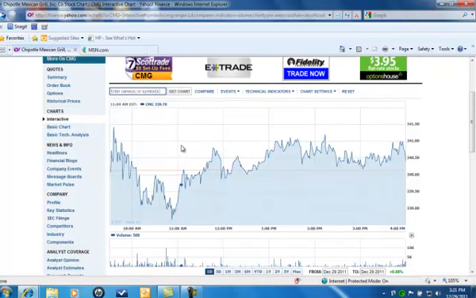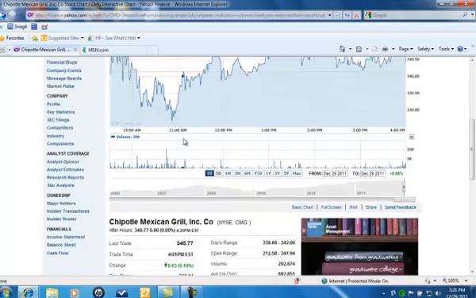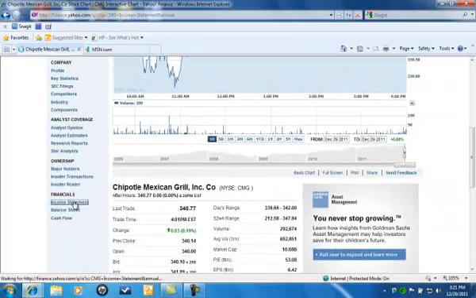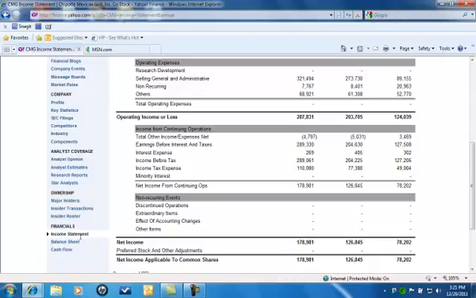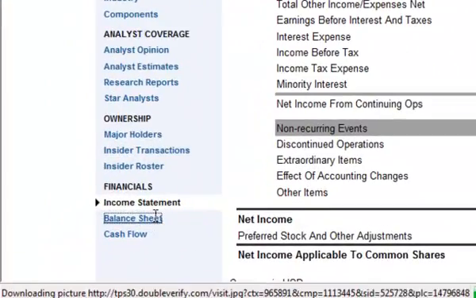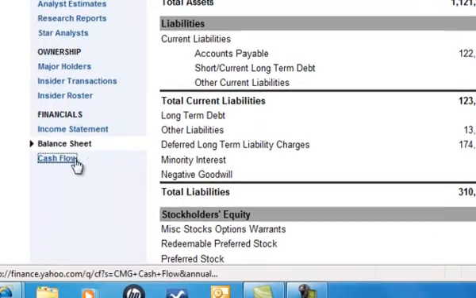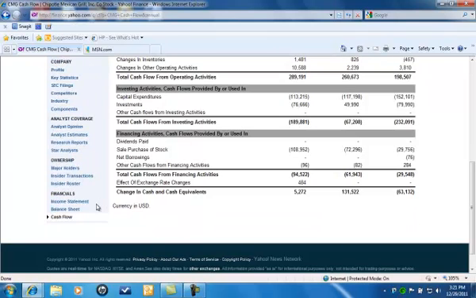The other type of analysis is the fundamentals analysis, and that involves financials. You come down here to income statements, and you can analyze the income statements. Balance sheet, you could do that, and even cash flow. Now, those metrics for the fundamentals tell you whether the stock is healthy or not.